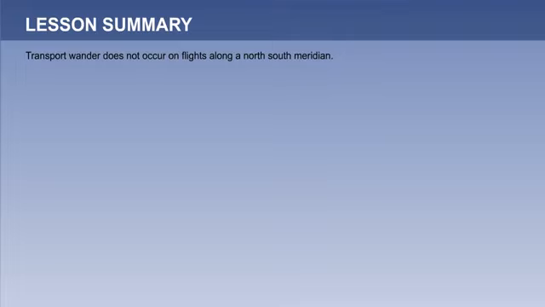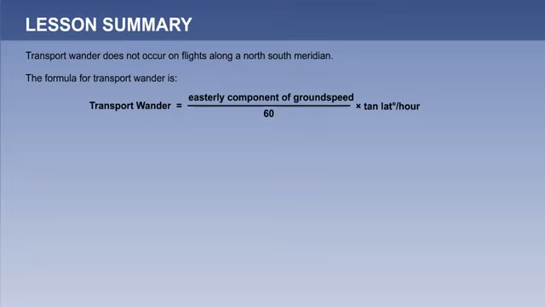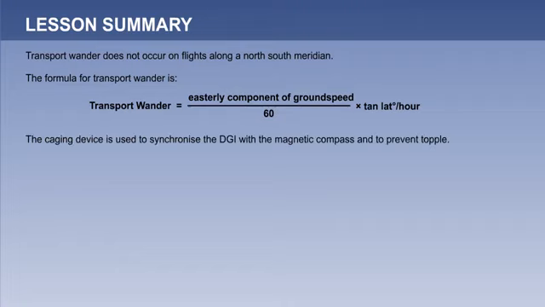Transport wander does not occur on flights along a north-south meridian. The formula for transport wander is: transport wander equals the easterly component of ground speed divided by 60 times the tan of the latitude, in degrees per hour. The caging device is used to synchronize the DGI with the magnetic compass and to prevent topple.